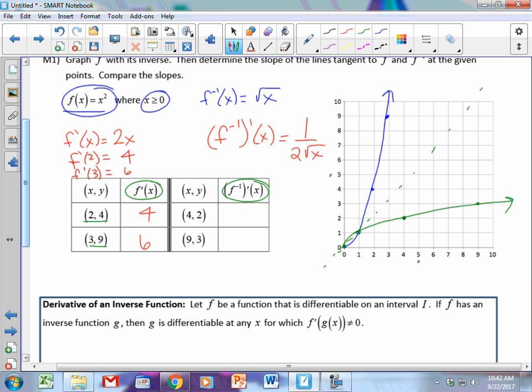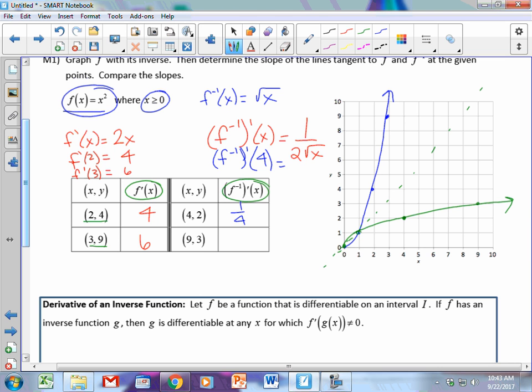Now, notice on the inverse what happens. X's and y's get swapped, right? So over here, we're going to find f inverse prime of what now? 4. Not 2, right? But 4. So what do we expect to get? The reciprocal, right? 1/4.